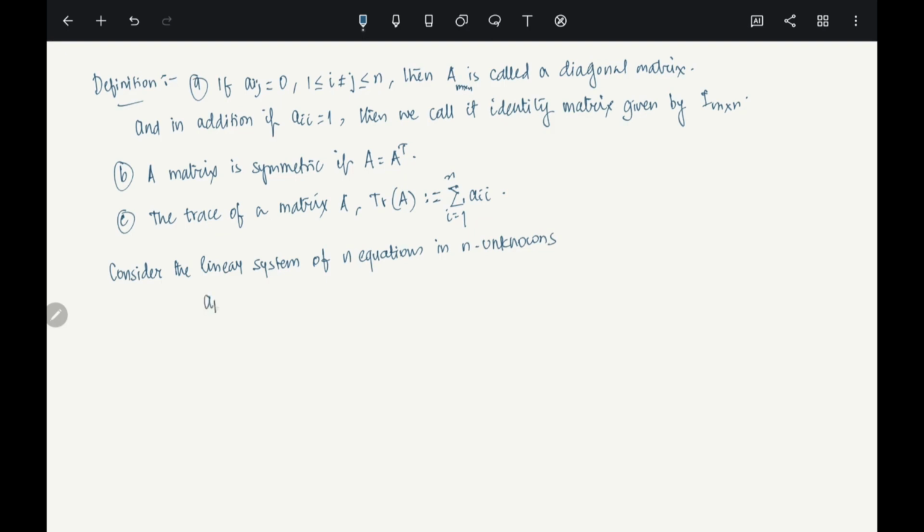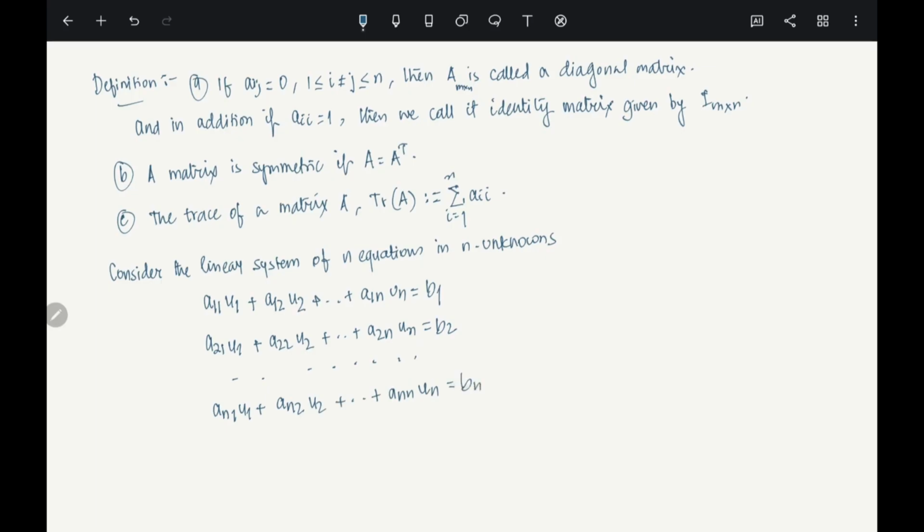How does the equation look? a11 u1 plus a12 u2 plus a1n un equals, let's say, b1; a21 u1 plus a22 u2 plus a2n un equals b2, and it goes on like this, and lastly an1 u1 plus an2 u2 plus ann un equals bn.